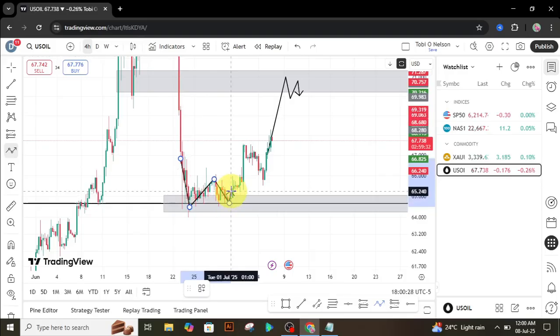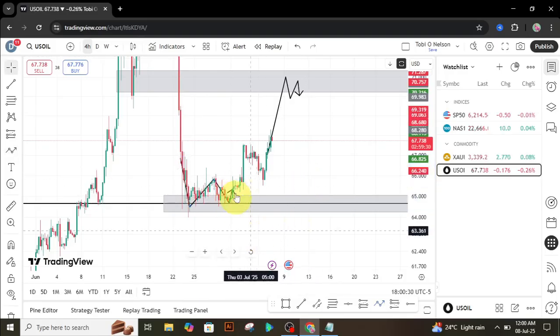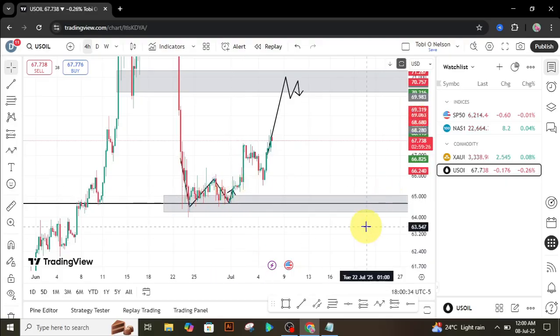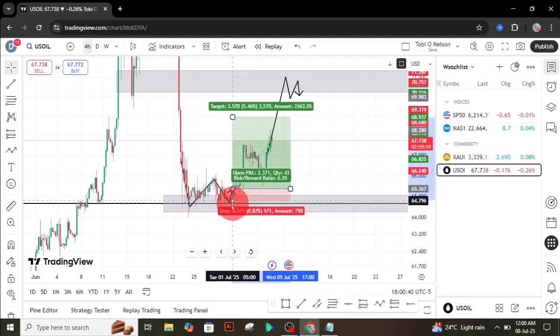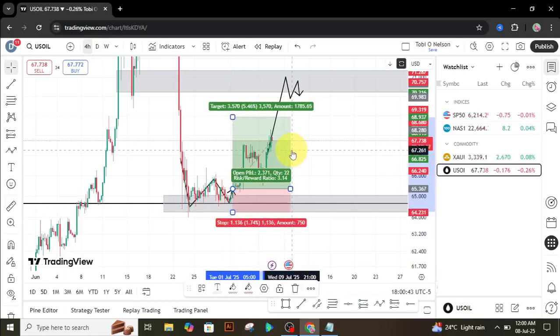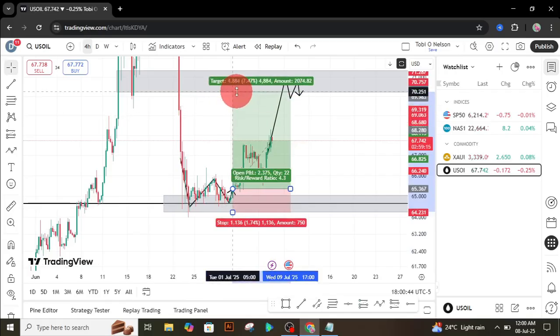But as soon as you see some kind of candlestick that shows a green candle like this one, you can then take your buy position, for example, here, with your stop loss just below it, and then you can target this area that I already marked here, which I just talked about.